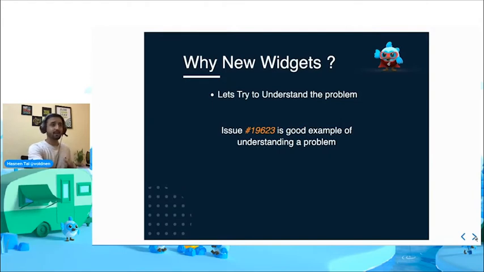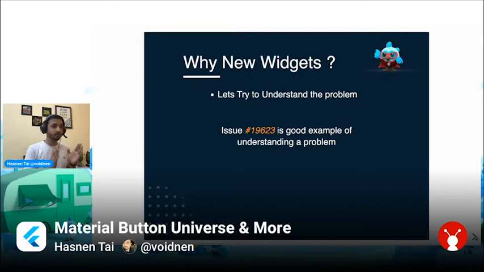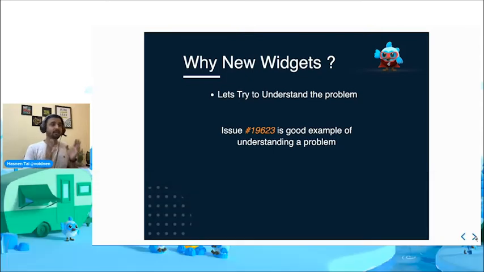So let us try to understand the problem. If you want to know more about what exactly is happening, there is a huge discussion going on this issue number, 19623, on the Flutter GitHub repo; you can go ahead and take a look.